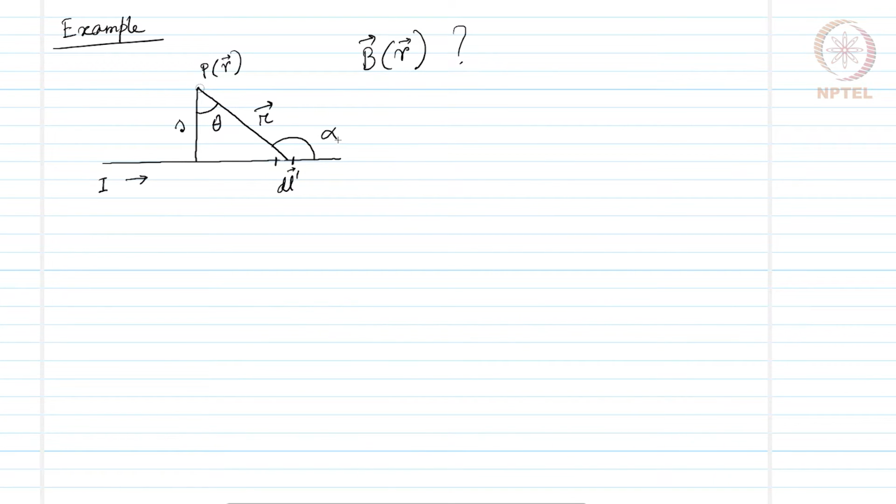If we have this arrangement, then we can try finding the magnetic field due to any segment of the line.